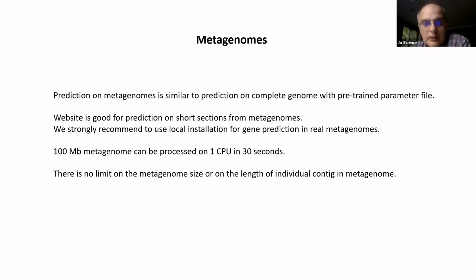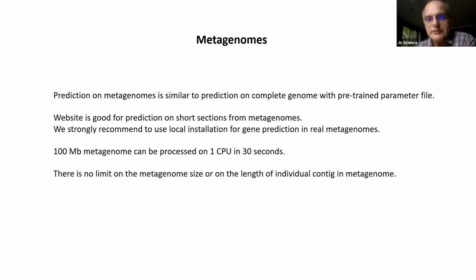Now, when we move next to the metagenomes, this jump between single genome and metagenome: in case of a single genome, I mentioned that we have to take a pre-trained parameter file for E. coli. And I will be talking about how to train it later. But to run the software, we need a pre-trained parameter file.